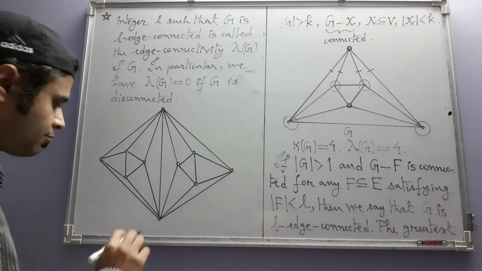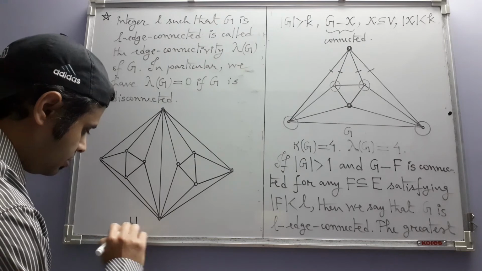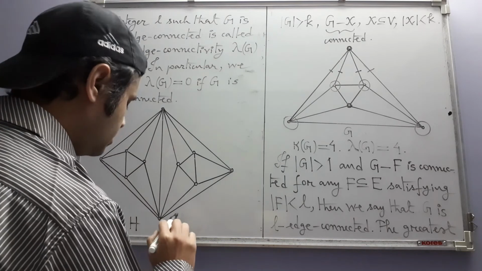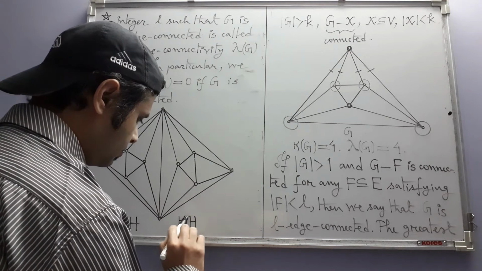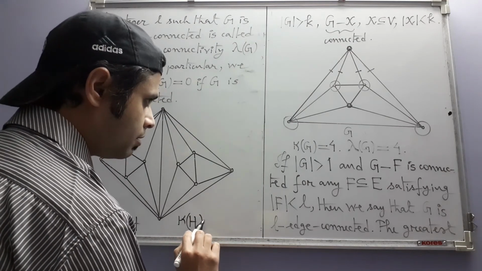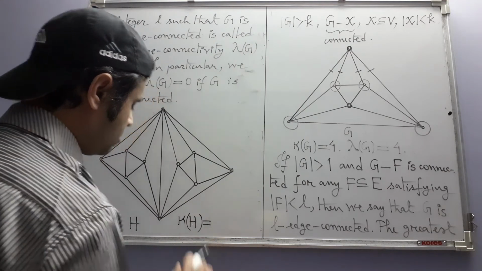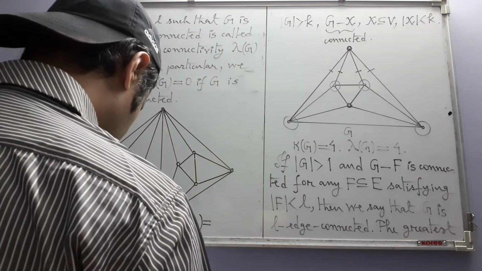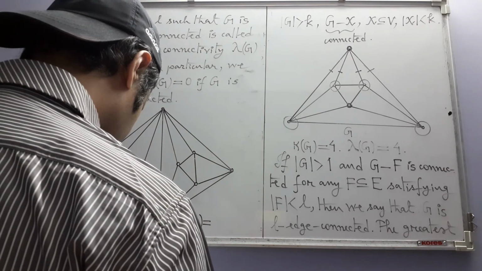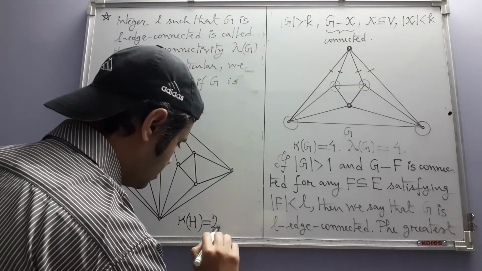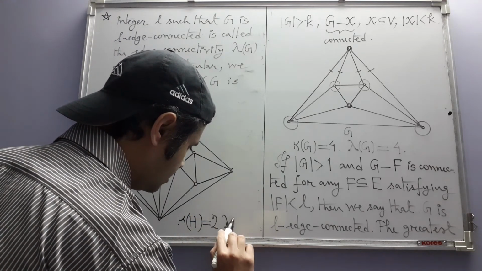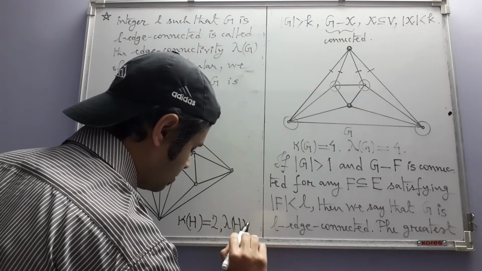For this graph, let us call it H. The connectivity kappa decreases, but the edge connectivity remains the same.